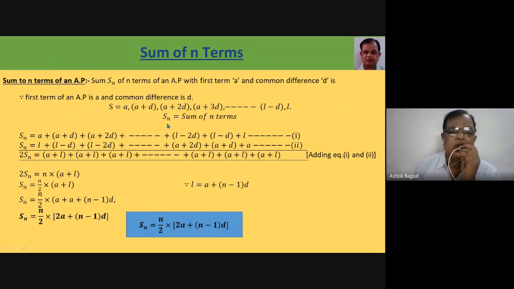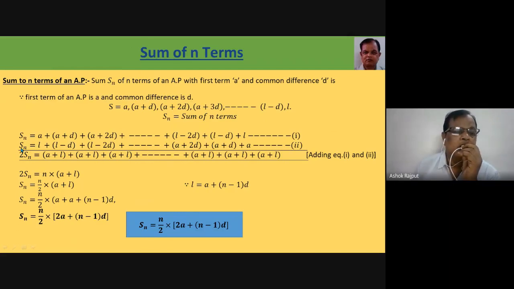We assumed here S_n equal to the sum of n terms, so we will add all these terms and write S_n equal to a plus (a plus d) plus (a plus 2d) and so on, plus (l minus 2d) plus (l minus d) plus l. We have added all these terms, and if we write the same series from the end, the sum will be the same.